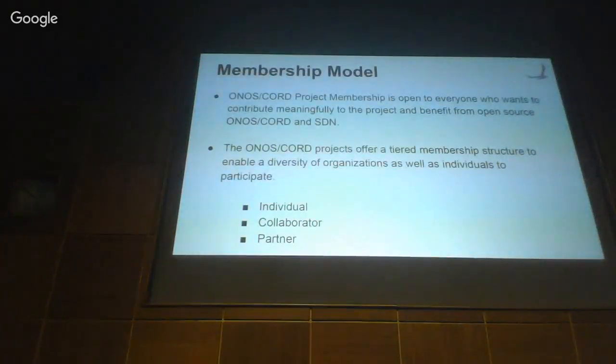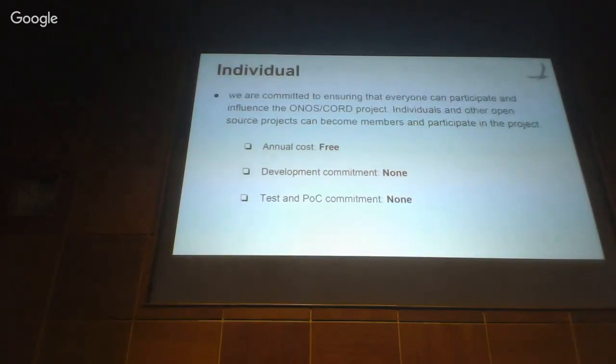So as I mentioned, we have a tiered membership model where we have individual members, collaborators, and partners. A very important point to stress is that we open membership to everyone and anyone. Anyone can join as a member. We are open source and we will remain so. Now, individual contributors are members.